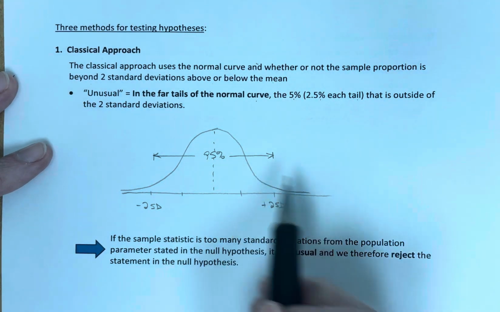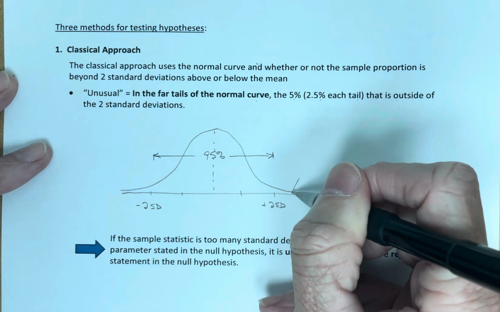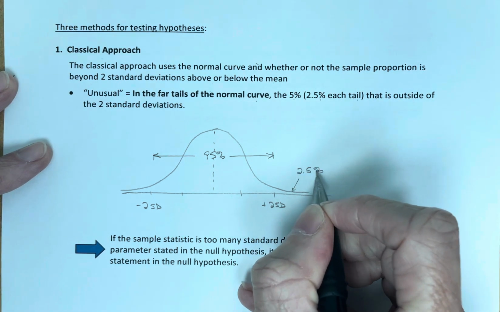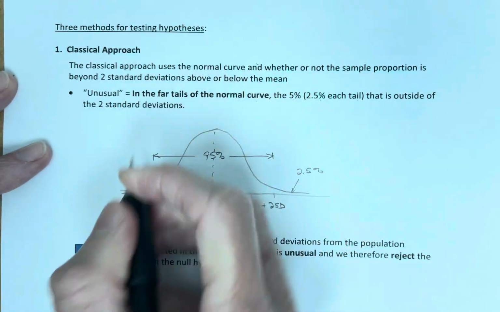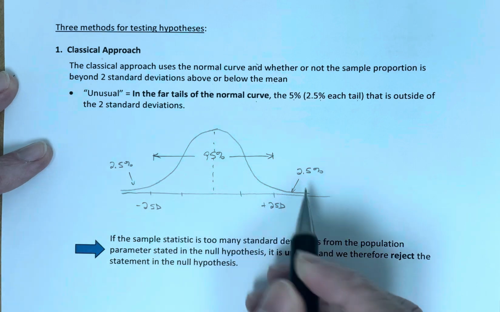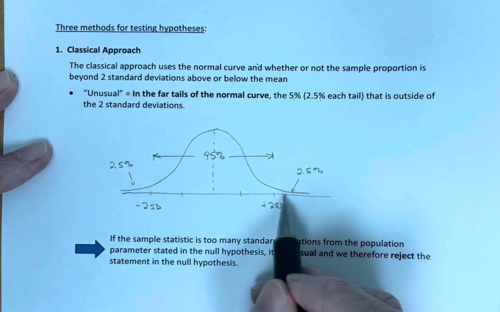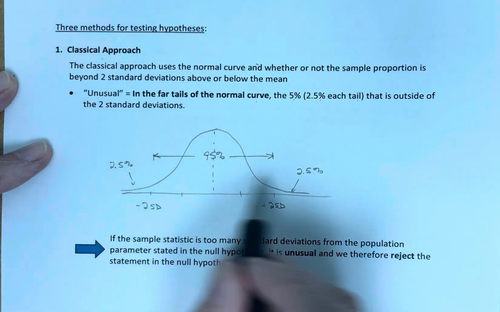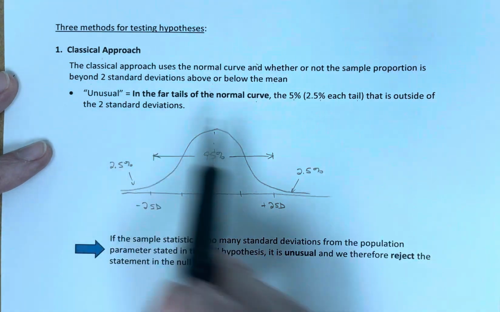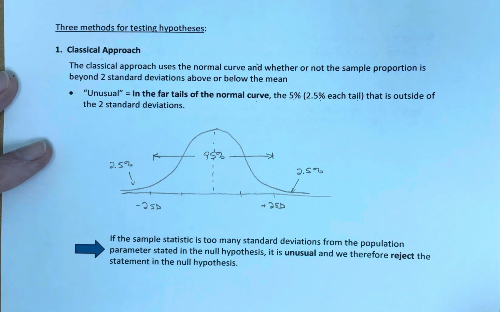Well, unusual is the other 5%. So here is the high 2.5%. This is the low 2.5%. If your data is in this tail or in this tail, in that 5%, it is unusual. It is outside of the 2 standard deviations.